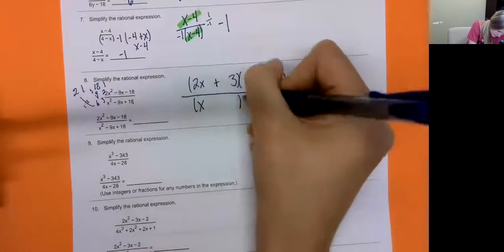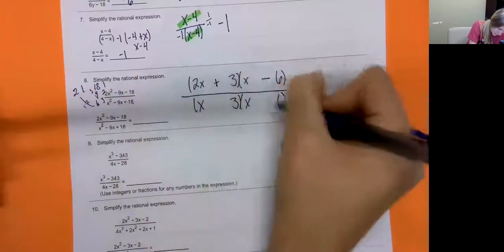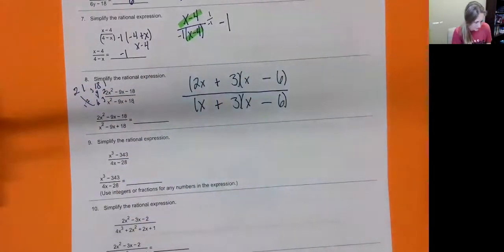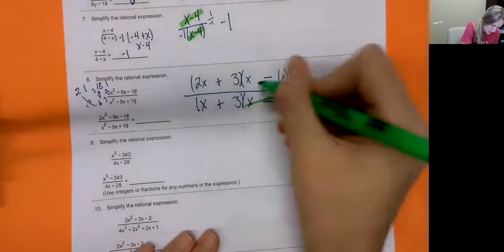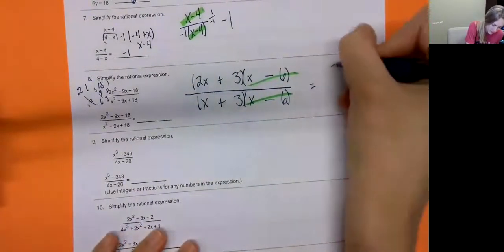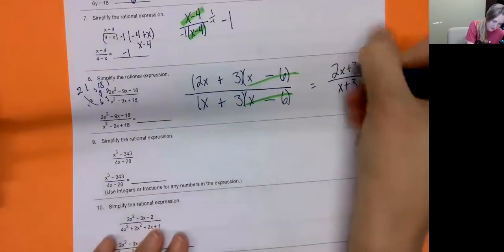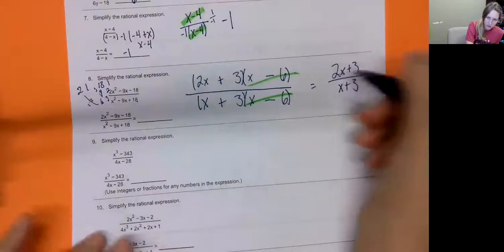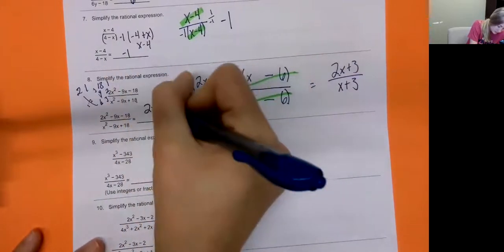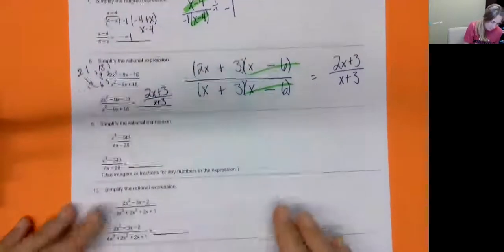So we have x, and we're going to have 6 and 3, and our bigger will be negative, our smaller will be positive. These would cancel. So I'd be left with 2x plus 3 over x plus 3. And these don't cancel out because of this 2 here. If it was 2x plus 6, we'd have something else, but it's 2x plus 3 over x plus 3.